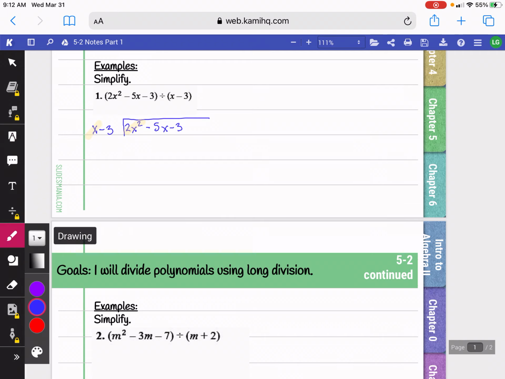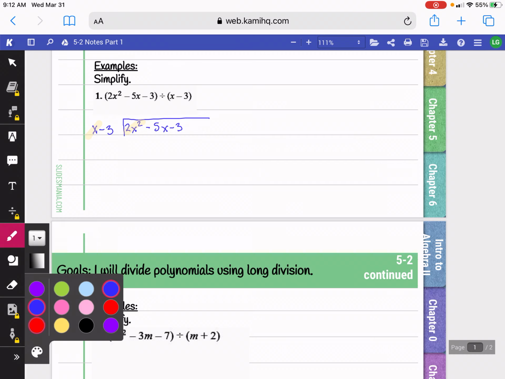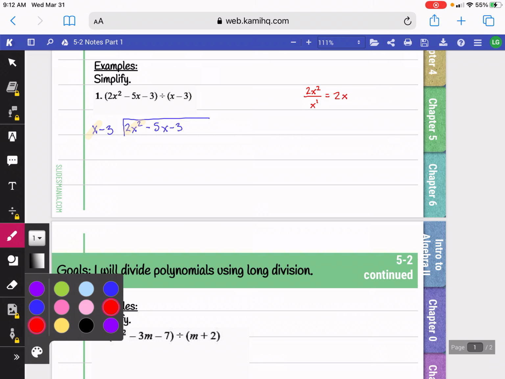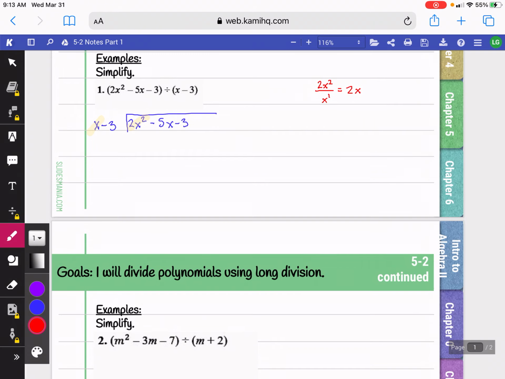So I'm going to divide 2x squared by x. Remember, when you divide, you subtract exponents. So here I get 2x to the first power. I can leave that one imaginary. This is going to be part of my answer. So I'm going to take that 2x and I'm going to write that on top of my long division.